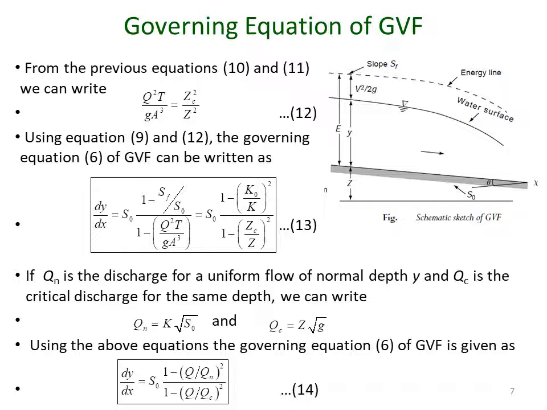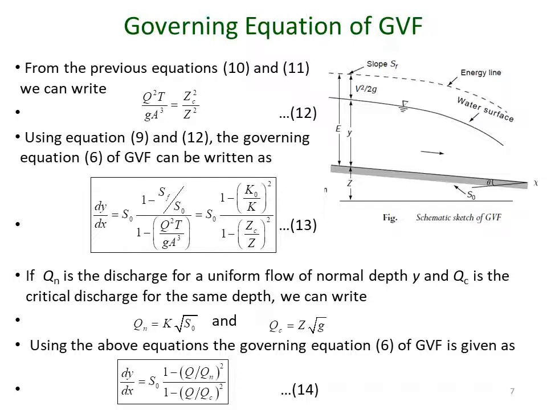So this is one form of the equation, and we can write it in some other form as well. If Qn is the discharge for a uniform flow of normal depth y, and Qc is the critical discharge for the same depth, then we can write Qn equals K into root under S naught, and Qc equals Z into root under g.